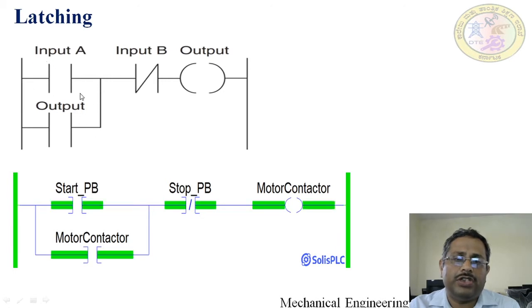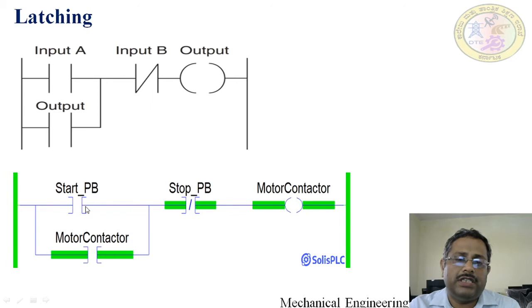Even if the input button is turned off, the output will remain energized, because the flow continues from the output through the branch, unless input B is turned off. See, this is the latching.